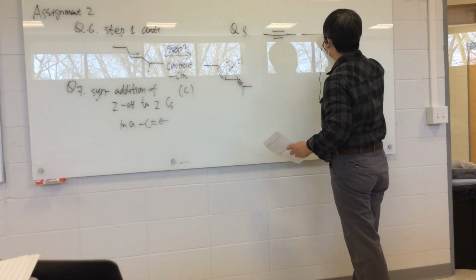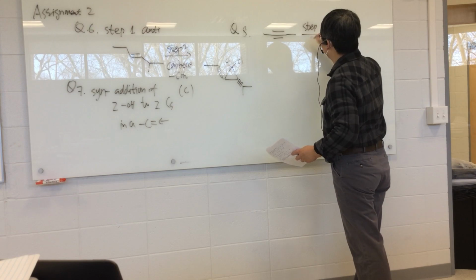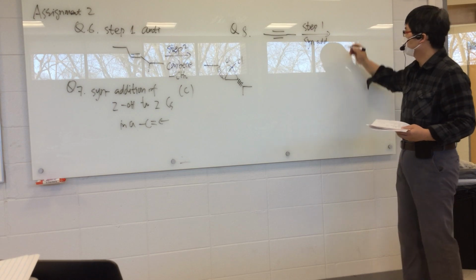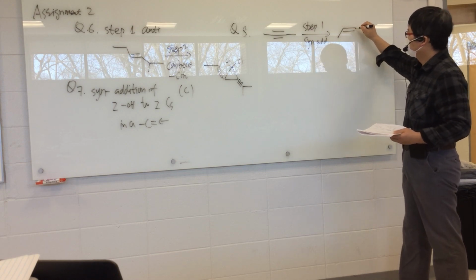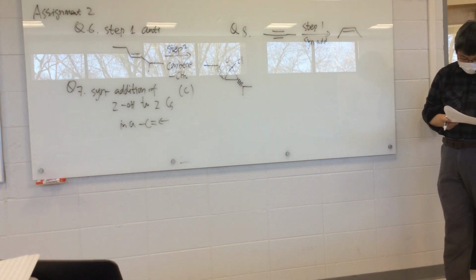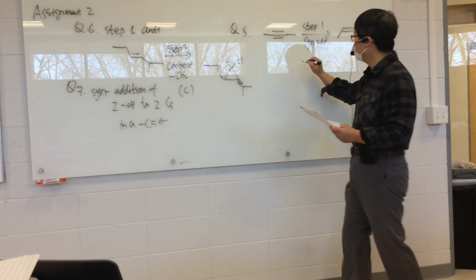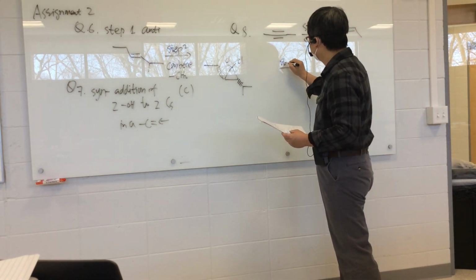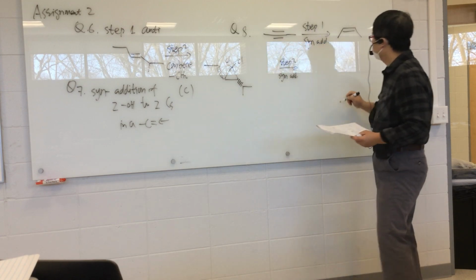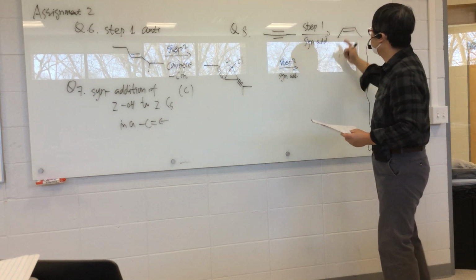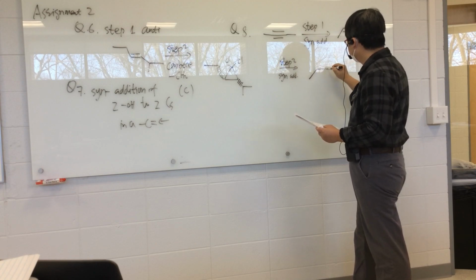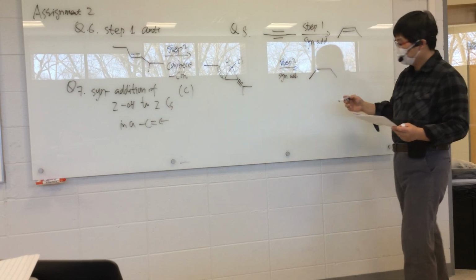Step 1, syn addition, to convert a triple bond to a double bond. And then step 2 is also syn addition, right? So with syn addition, these two will stay cis.